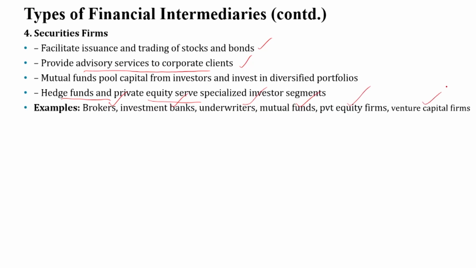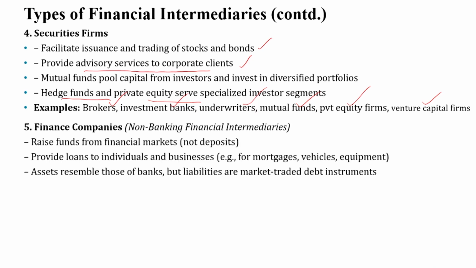So let's now continue with the additional categories of financial intermediaries. For instance, finance companies, which are mainly non-banking financial intermediaries. These institutions raise funds from financial markets, not mainly through deposits, and use those funds to provide loans to individuals and businesses.